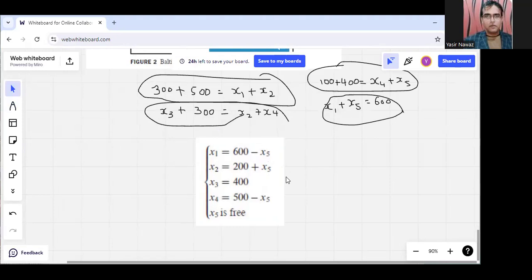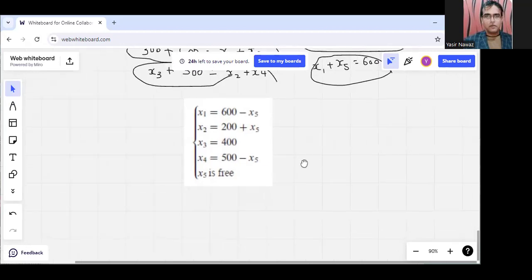But remember that x5 should be an integer, because half a vehicle is not possible, or one and a half vehicles, that's also not possible. So it should be in integer form. So one, two, three, four, positive integer, or the natural numbers, you can say that.